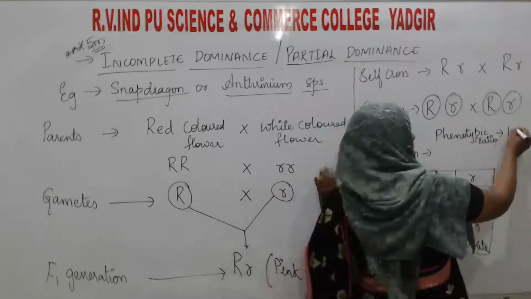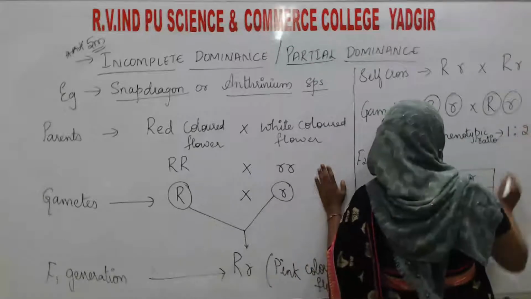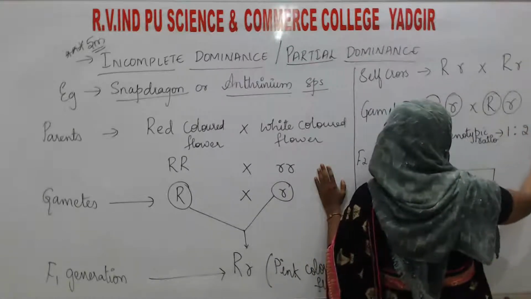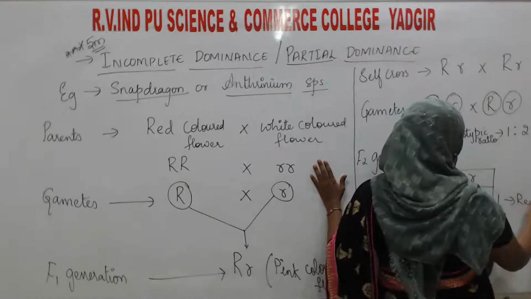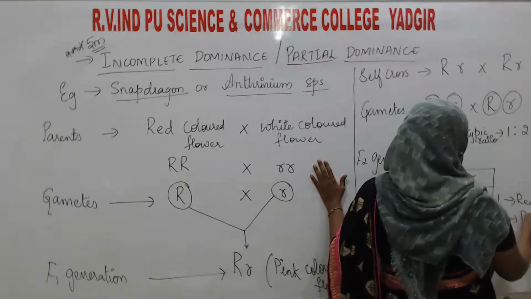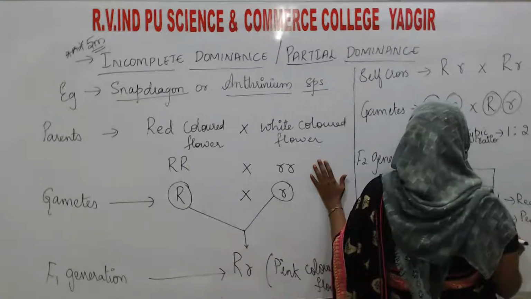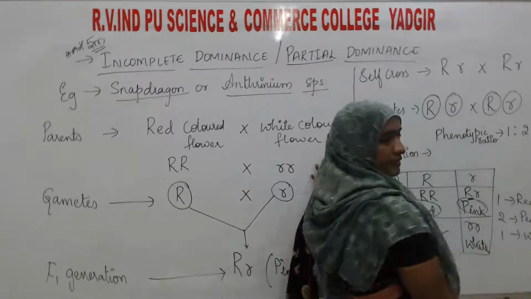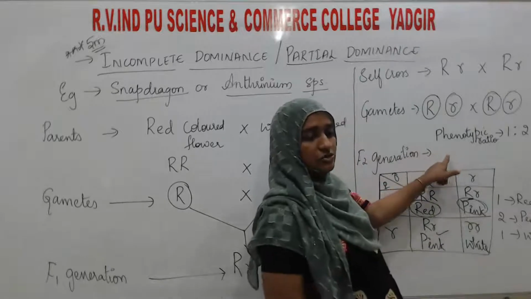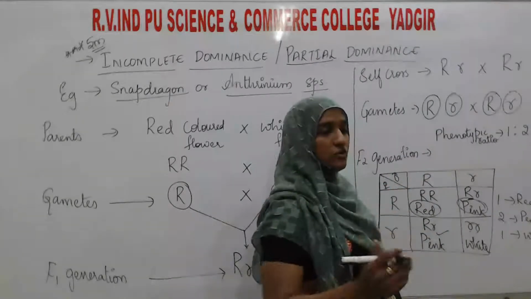Okay, 1 is to 2. Then white is 1. Here I will write 1 is red, 2 pink, and 1 again white. This is the phenotypic ratio, 1 is to 2 is to 1.